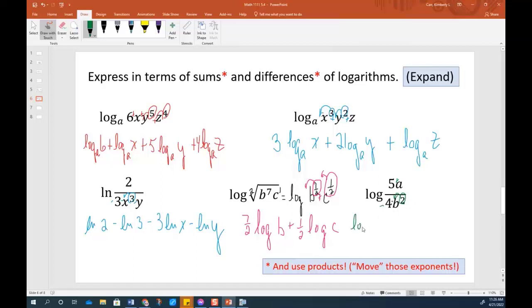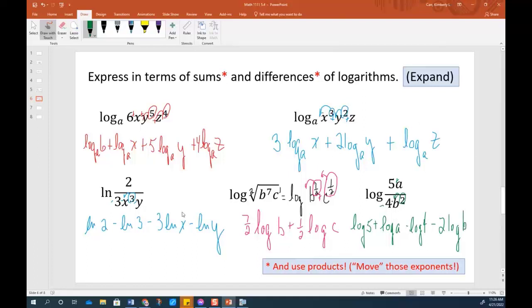So this one is log 5, base 10, plus log a minus log 4 minus 2, because of that exponent, log b.